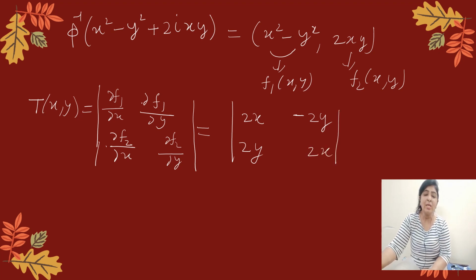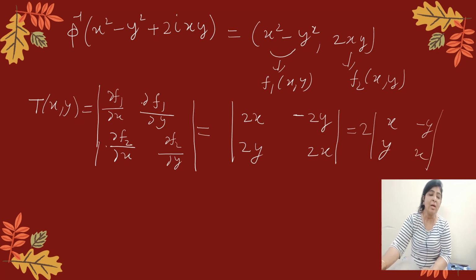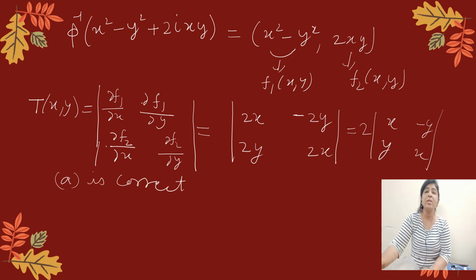You can see that 2 is common from this matrix, so we are getting 2 times [x, -y; y, x]. So result A is correct. Now you can see that entries of result A and result B differ, so B is incorrect. Clear?